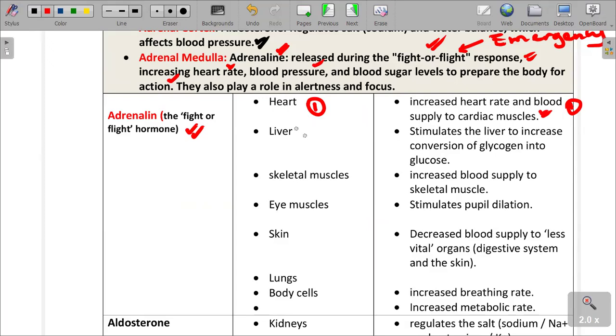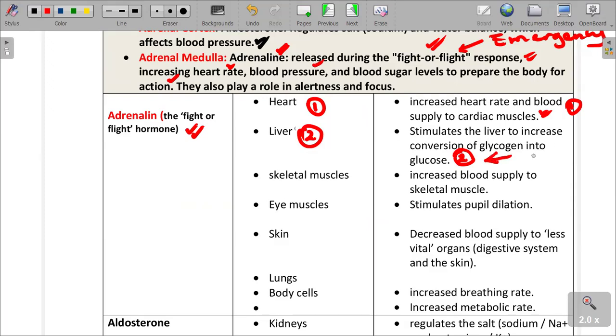Number two, the adrenaline hormone also targets the liver. In terms of the liver, it causes the liver to increase the conversion of glycogen into glucose, which is number two. Remember that. Why is this happening?